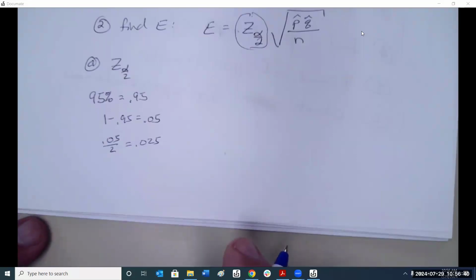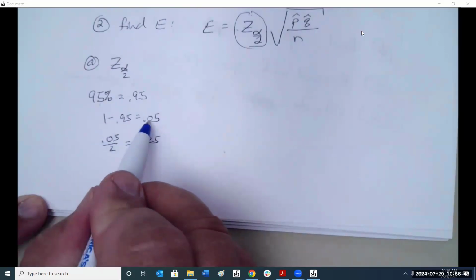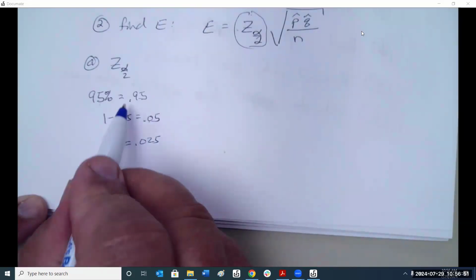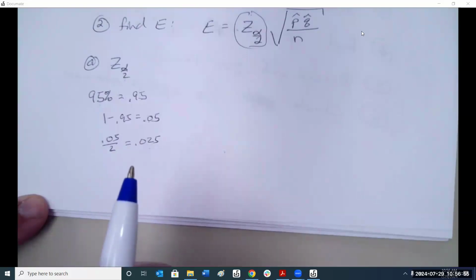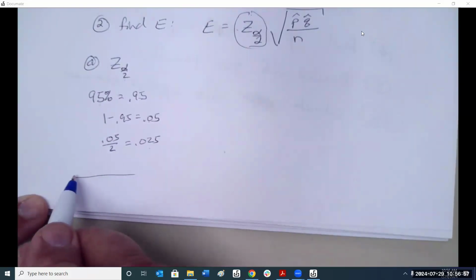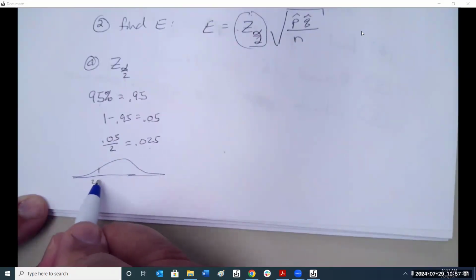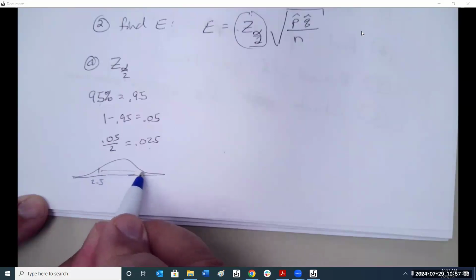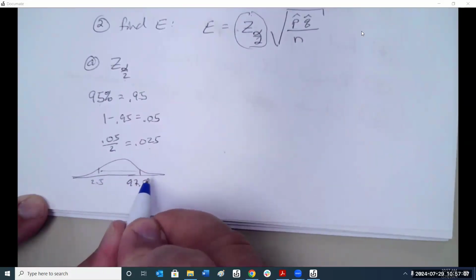Look at your notes. We just did it not too long ago. Since we're 95%, that's 0.95. 1 minus is 0.05 divided by 2. Remember what this represents. This is 2.5. 2.5 plus 95 is 97.5.